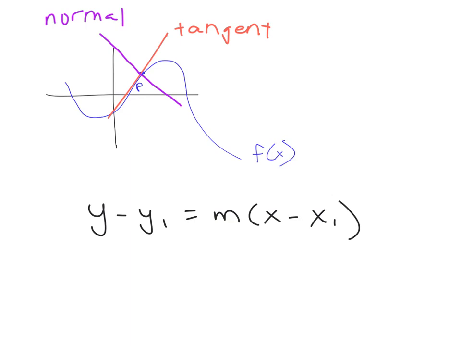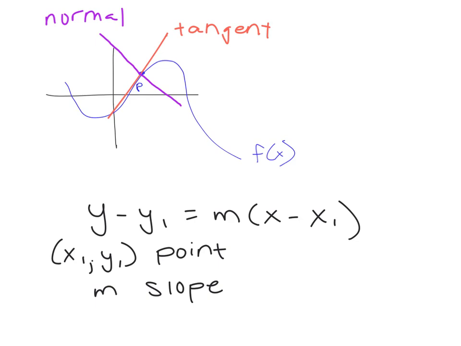So x1, y1, that's just a point that is on the line. And then m, we know, is the slope. So we're going to use this point slope form to create a function equation of the tangent line and/or a function equation for the normal line.